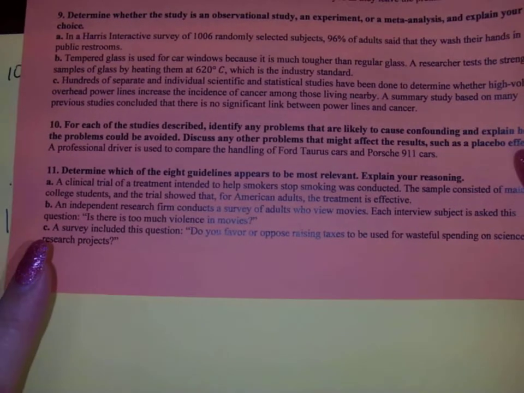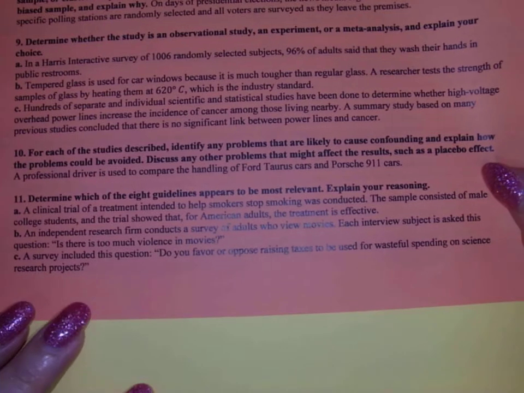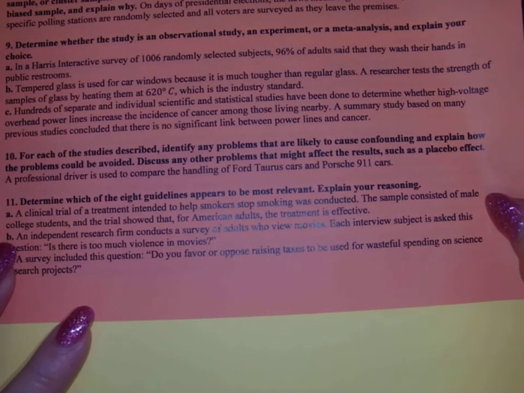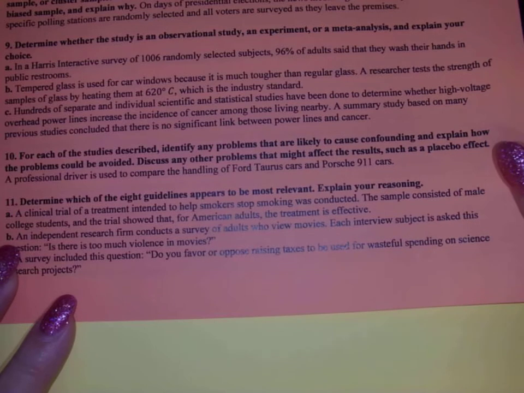Our first problem says a clinical trial of a treatment intended to help smokers stop smoking was conducted. The sample consisted of male college students, and the trial showed that for American adults, the treatment is effective.